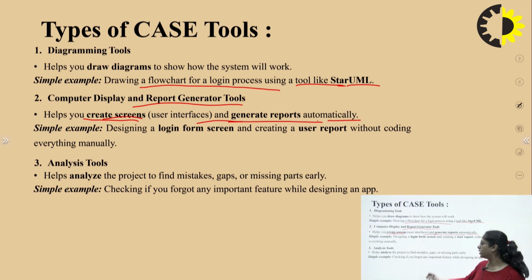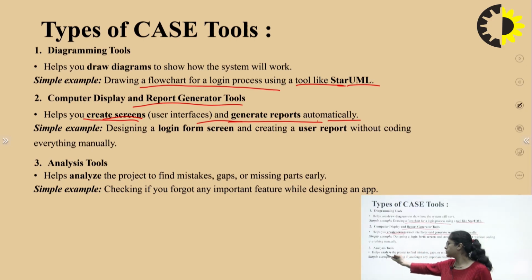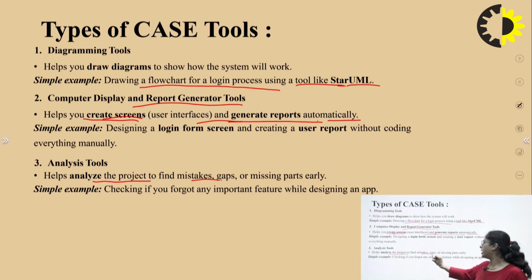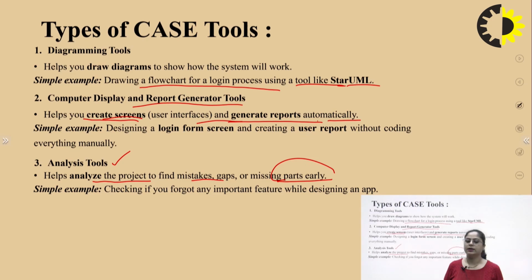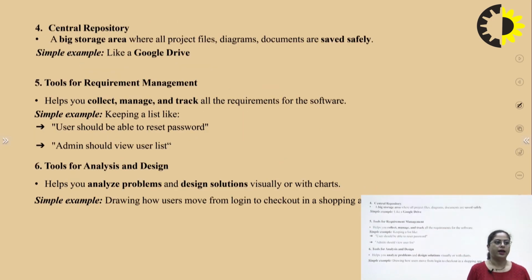Third is the analysis tool, which helps to analyze the project to find mistakes, gaps and missing parts early. A simple example is checking if you forgot an important feature while designing an app.